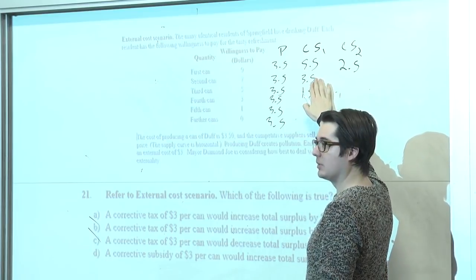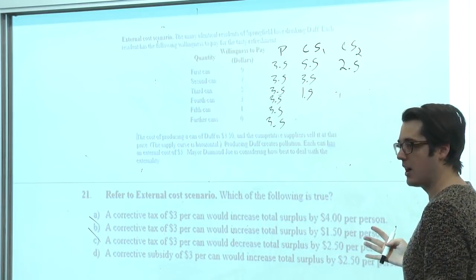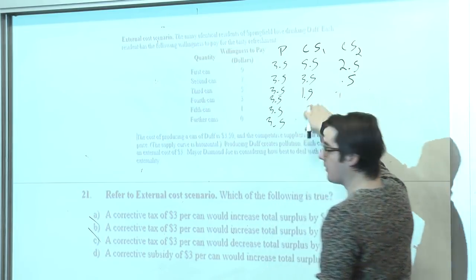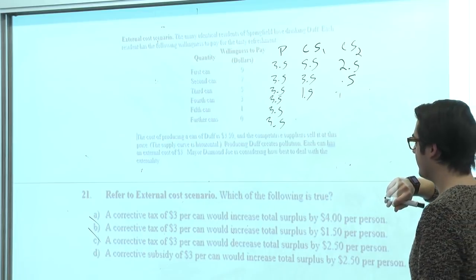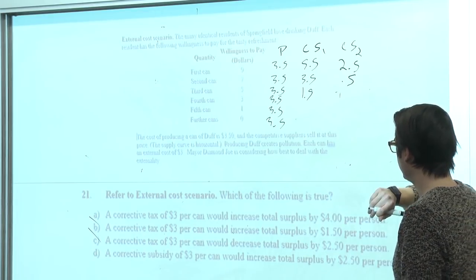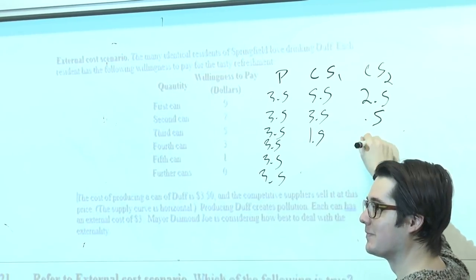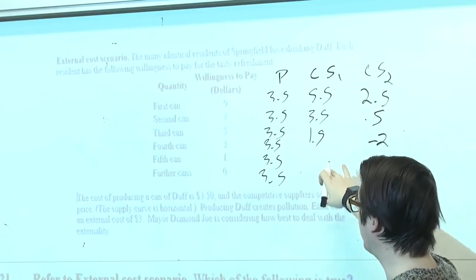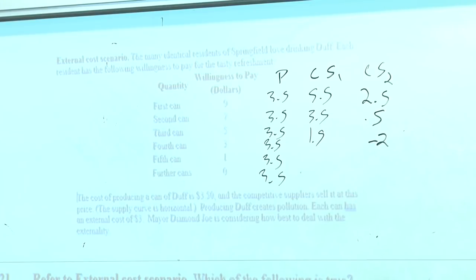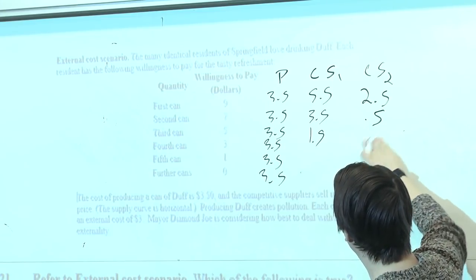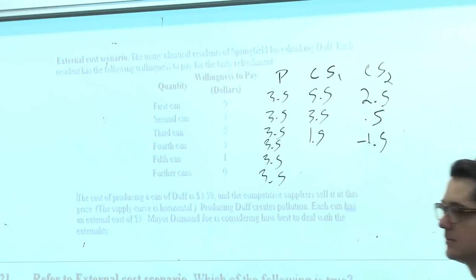If the private is 3.5 and then there's a $3 external cost, 0.5. What about for this one here? Minus 2? The private valuation is 1.5, but there's a $3 external cost. Sorry, negative 1.5. Right, 1.5 minus 3.